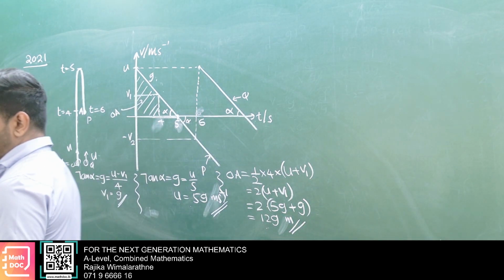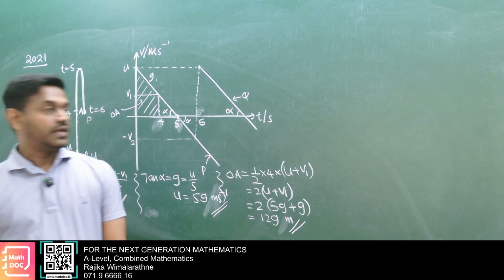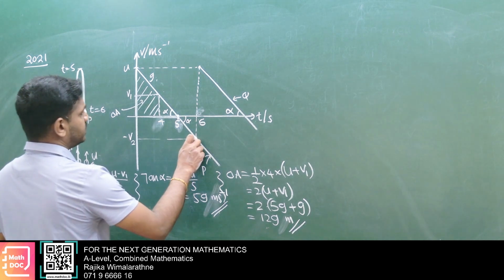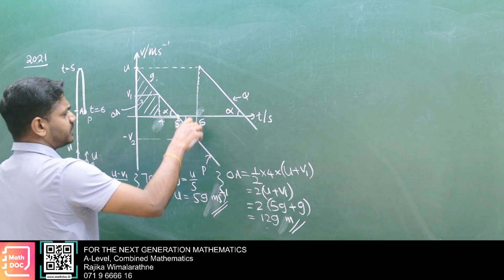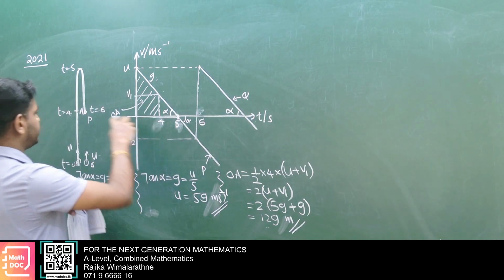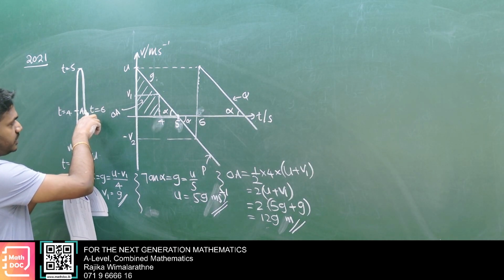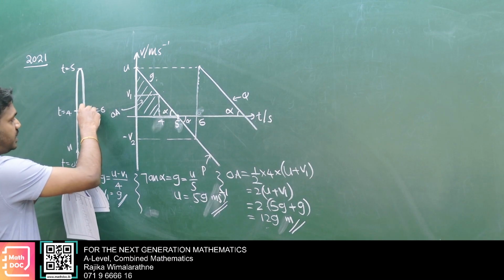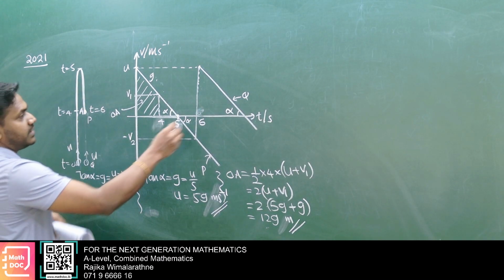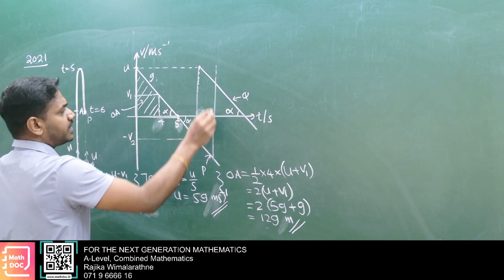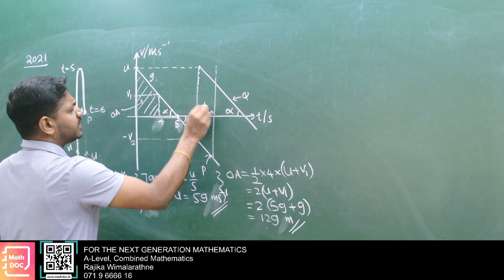And the time taken by Q to collide with P. Okay, now when you consider this position, at this position P is at A, Q is here at O. So after that, the motion goes like this. When they meet, take the meeting time as t.